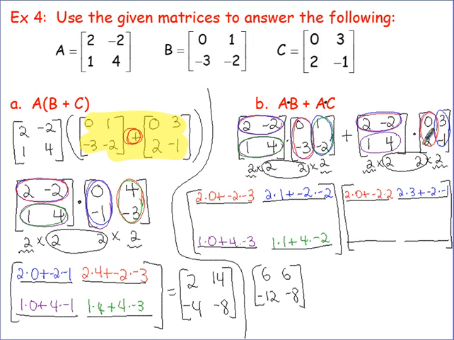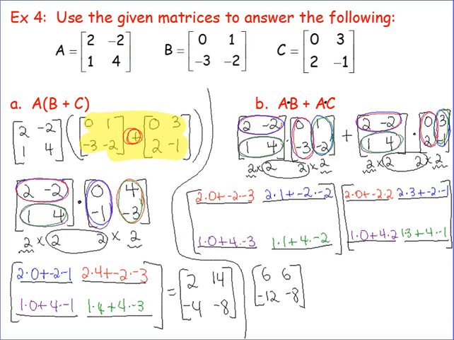Bottom left, 1 times 0 plus 4 times 2. And bottom right, 1 times 3 plus 4 times negative 1.